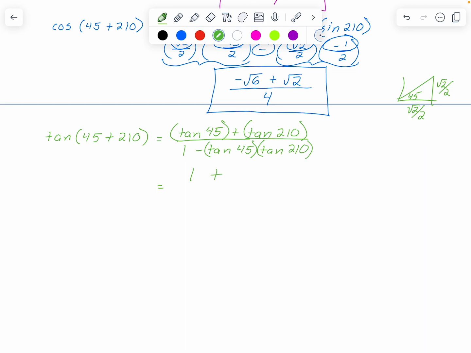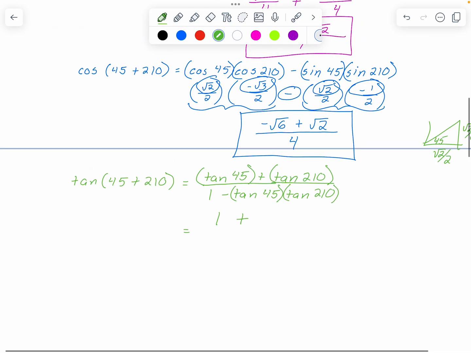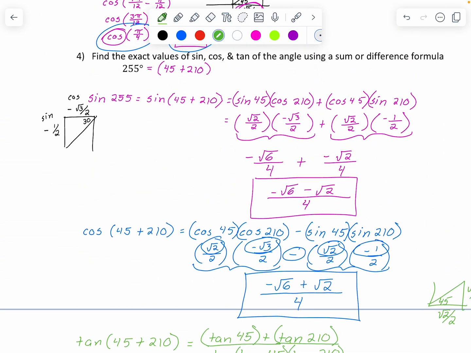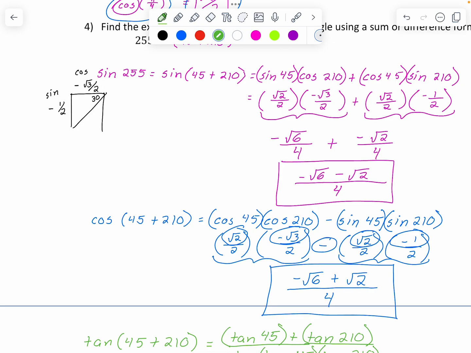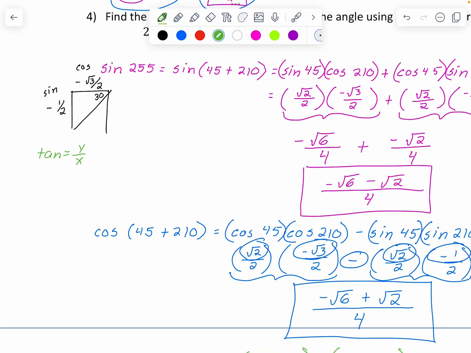Now we have to figure out tangent of 210. So let's go back up here to the triangle we drew a minute ago. If we're going to do tangent, which is y over x, when we look at our two side lengths, they're both over 2, so we can get rid of those 2's. They're going to cancel anyway. So then my y value is -1.